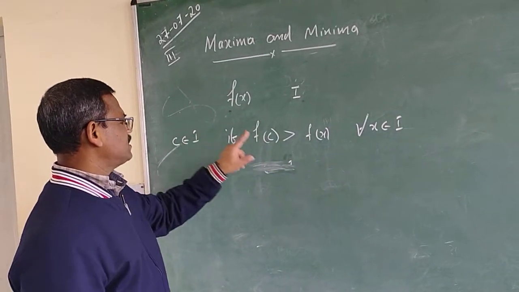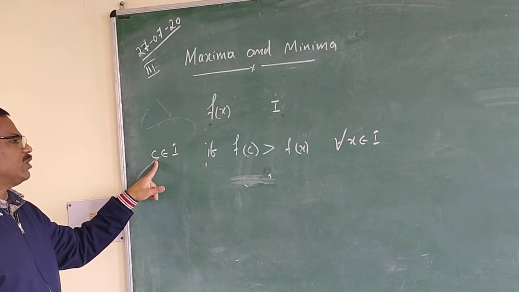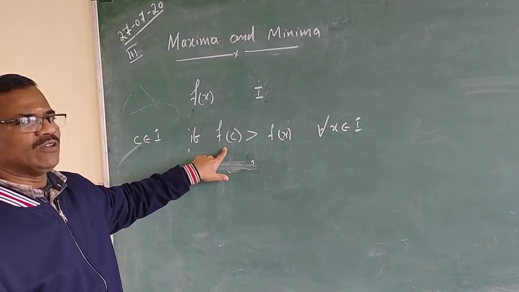Then we say c is the point where the function has the highest value, and f(c) is the maximum value of the function.